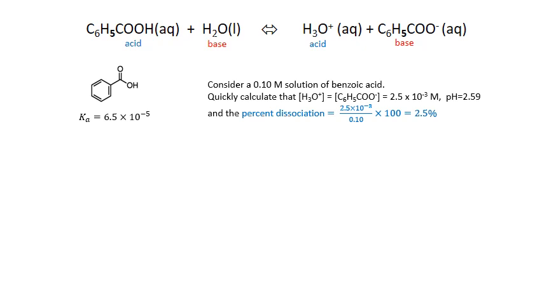If the concentration of benzoate is 2.5 times 10 to the minus 3, and the original total amount was 0.1, the percent dissociation is the ratio of those two multiplied by 100, and that turns out to be just 2.5% dissociated. Only 2.5% of the benzoic acid actually turns into benzoate.